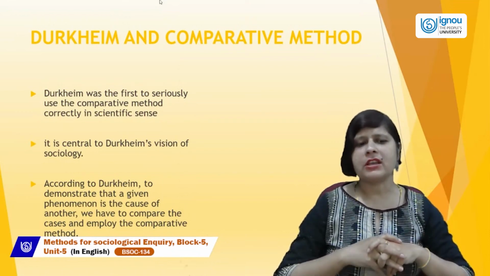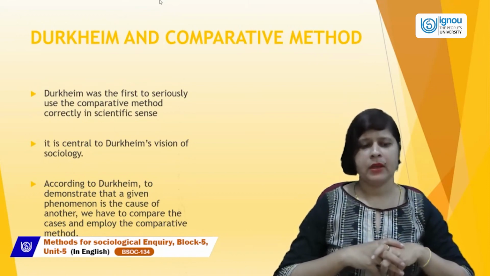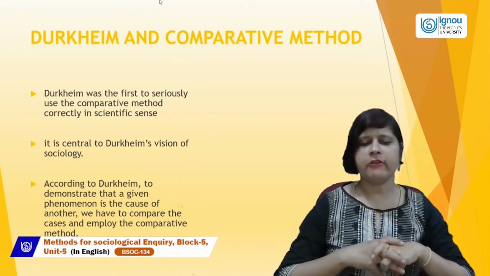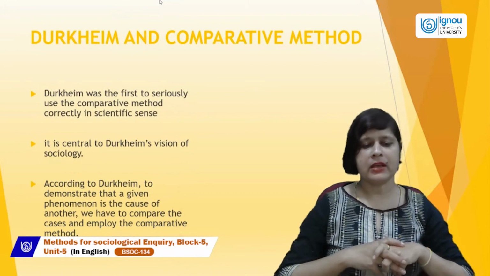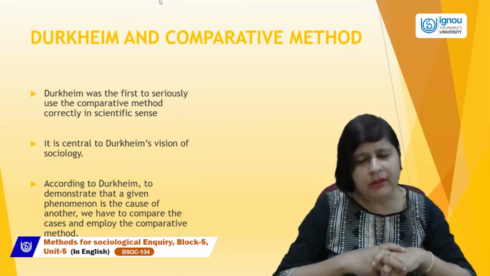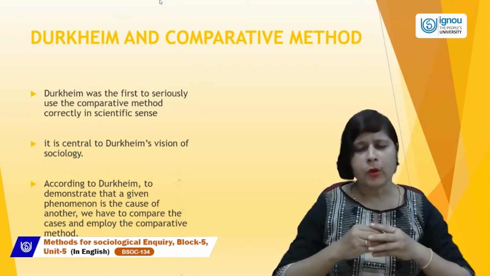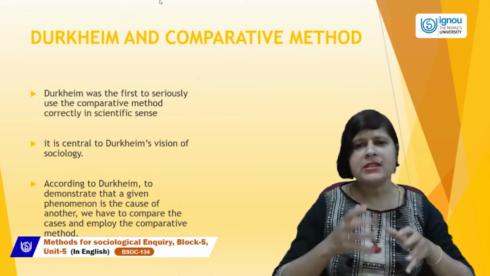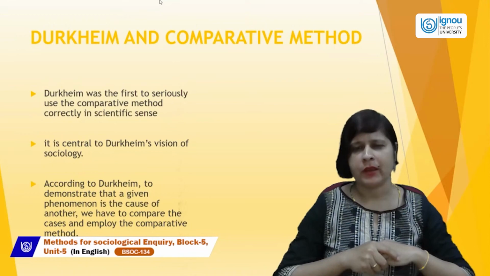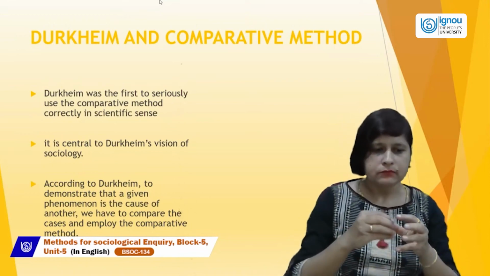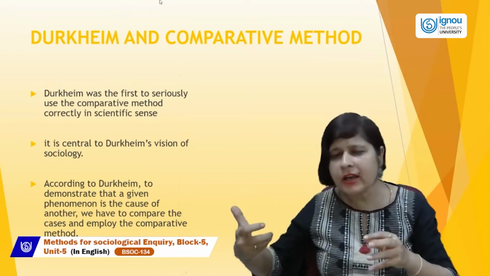It is central to Durkheim's vision of sociology. According to Durkheim, to demonstrate that a given phenomenon is the cause of another, we have to compare the cases and employ the comparative method. Durkheim always said that there is a causal relationship between phenomena, that one phenomenon is the cause of another.